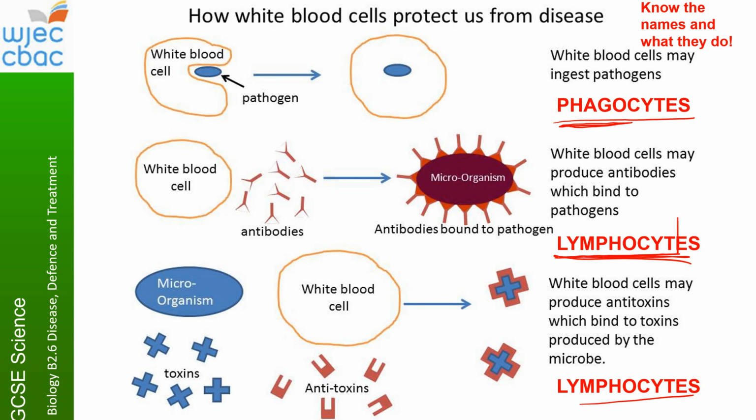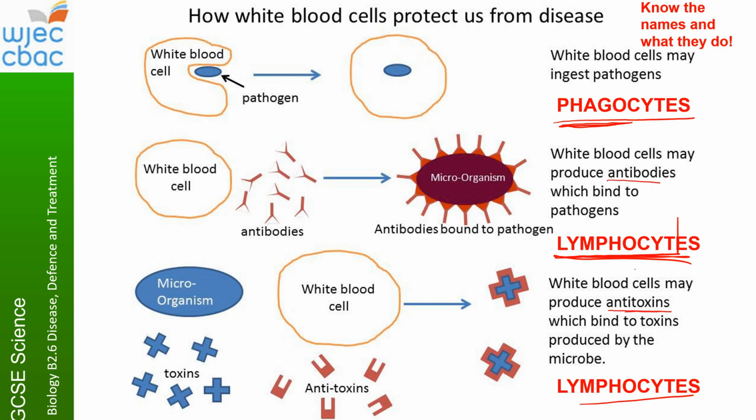So every foreign microbe or substance, dust, pollen, etc., that enters your body has proteins on its surface called an antigen. And these have a particular shape. So the antibodies will have a particular shape that will match the antigen to bind to it, okay? And then they destroy the microorganism. There are also lymphocytes, okay, that produce antitoxins, okay?